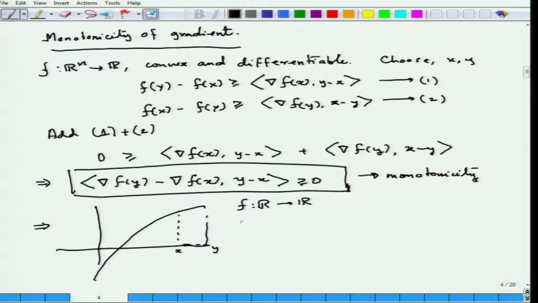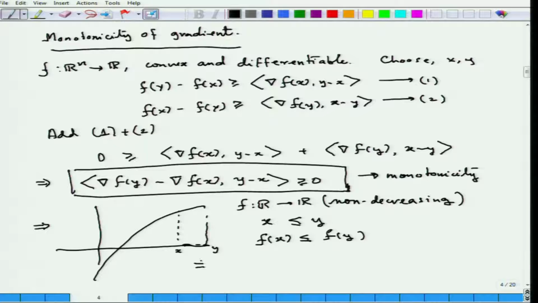Increasing or non decreasing, basically if this f is non decreasing, that is the more fashionable term. Increasing is what one would call strictly increasing. This means that you have x less than y, f of x must also be less than or equal to f of y.